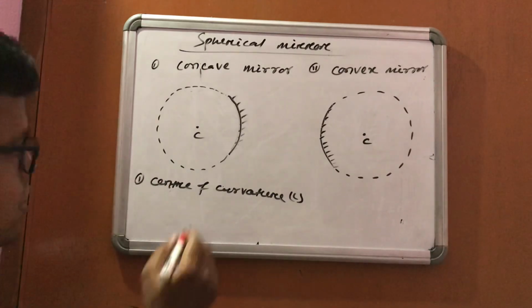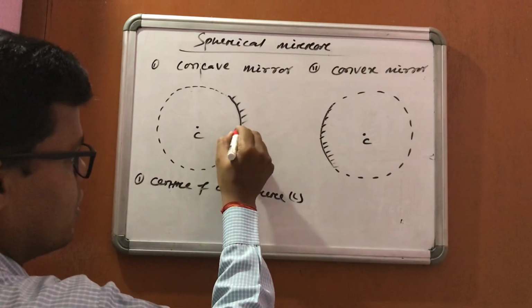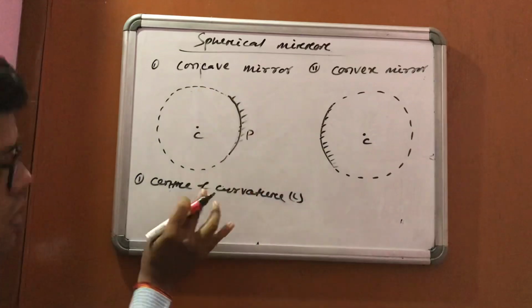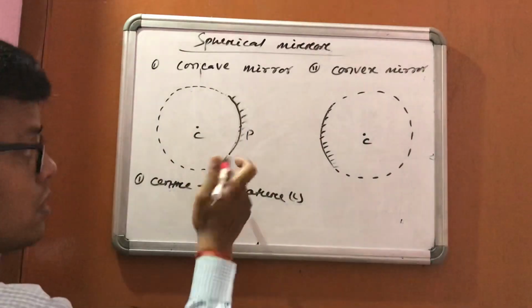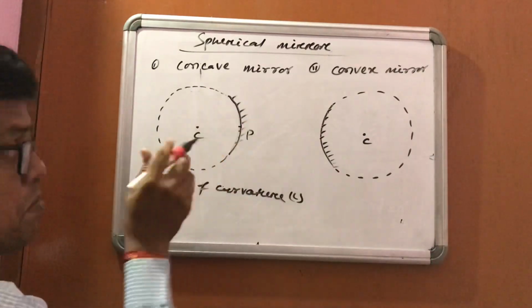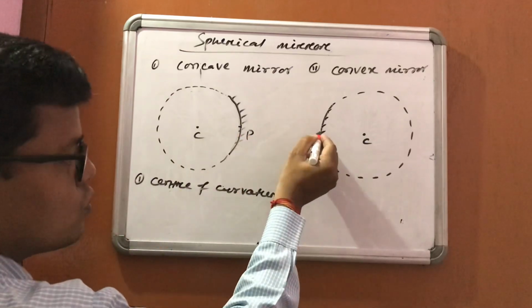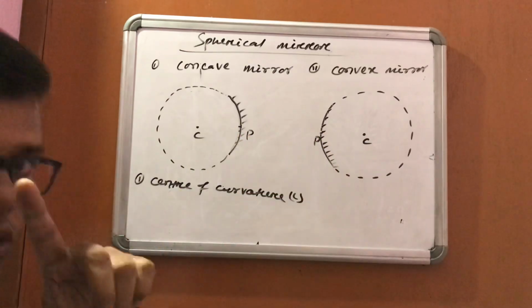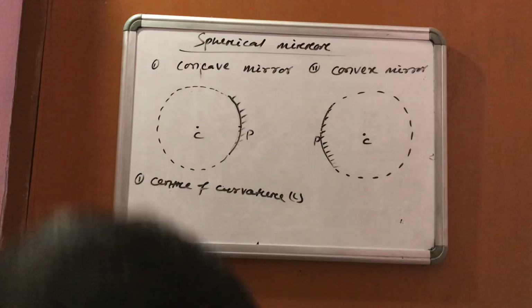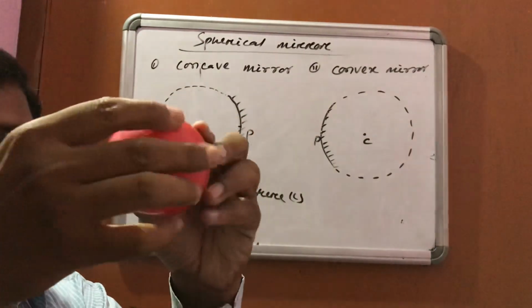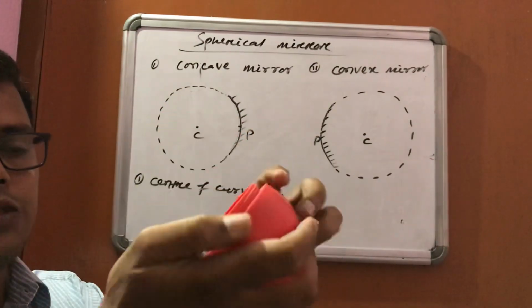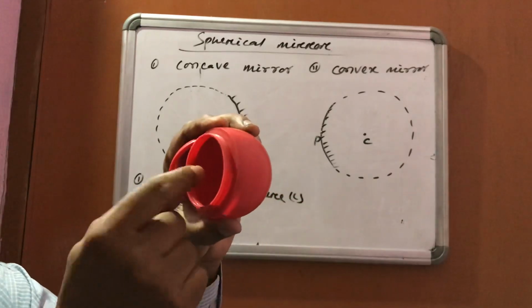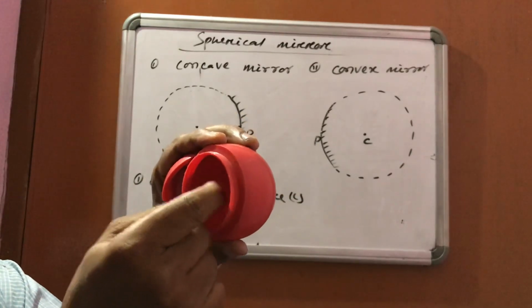The second one is the pole of the mirror. The center of this mirror, the midpoint of this mirror, is known as the pole. Try to understand. Let this be the sphere. The center of the sphere may be at this point, inside it.